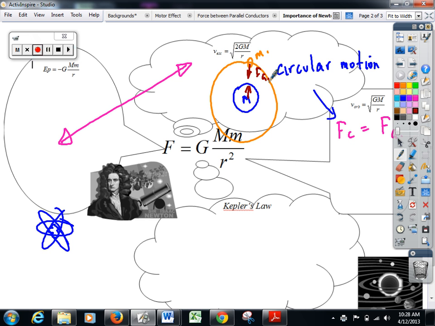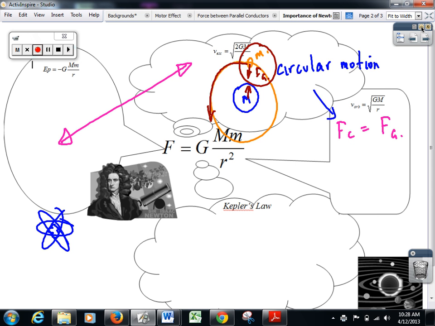But the force of gravity causes this motion in a circle, therefore the force of gravity must equal the centripetal force. The force of gravity, as we know, is given by the universal law, which is GMm on R squared, and the centripetal force is mv squared on R.